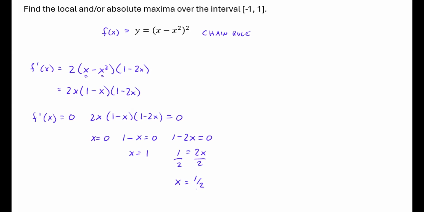And keep in mind that we want to evaluate the original function, so f of x, at the critical points and at the endpoints of your interval. So let's go ahead and start with calculating f of -1.